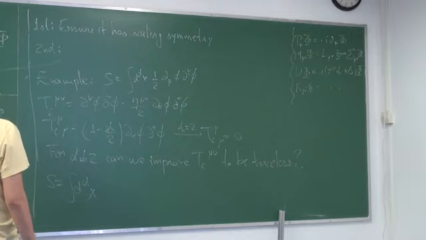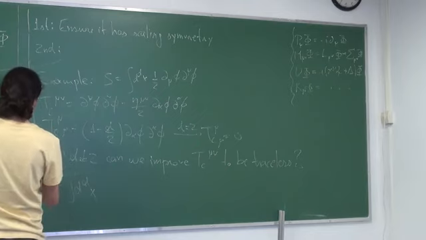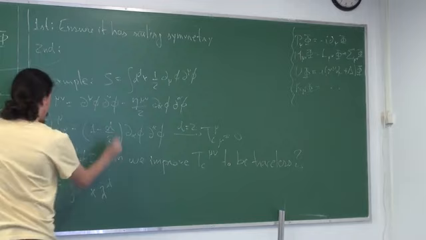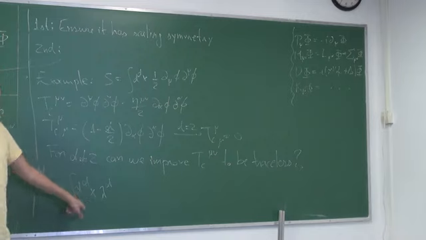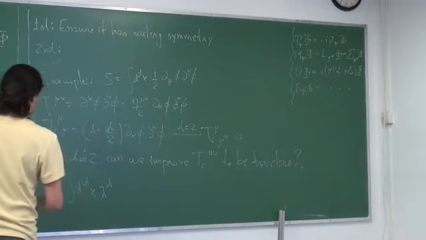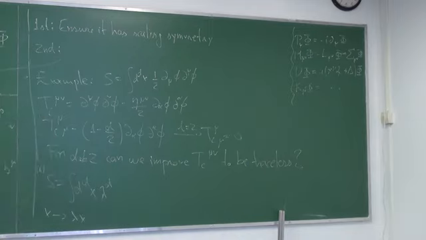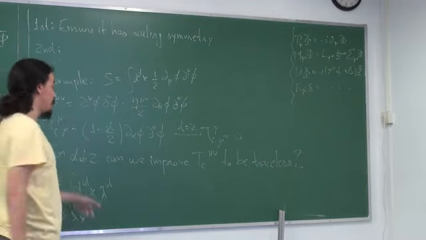This is the first point. We'd have a lambda to the d here from the measure, taking x to lambda x. So I get a lambda to the d from the measure of the action.